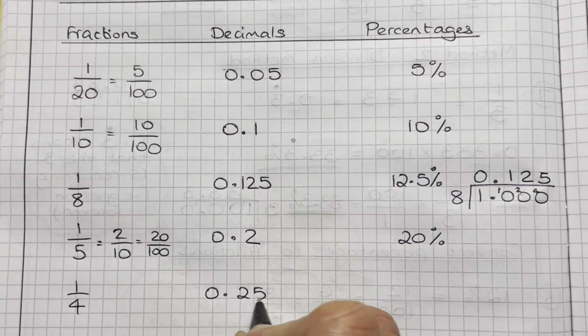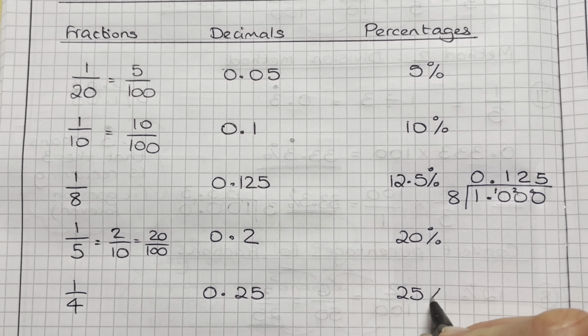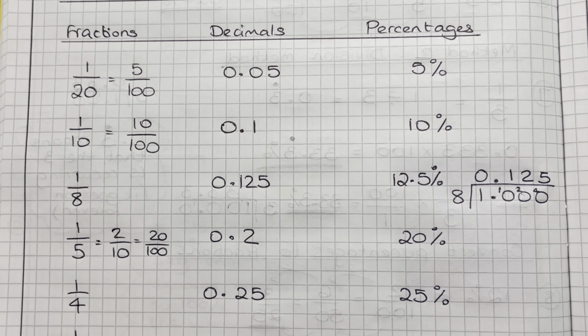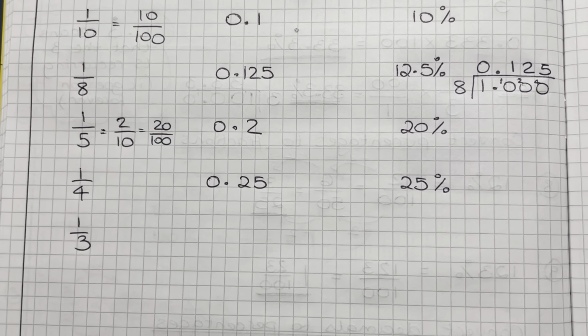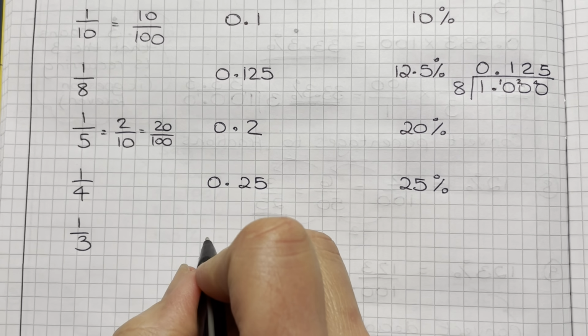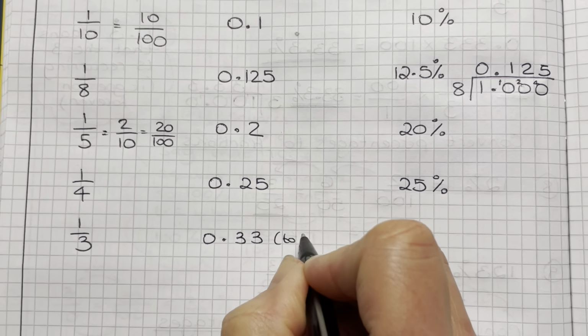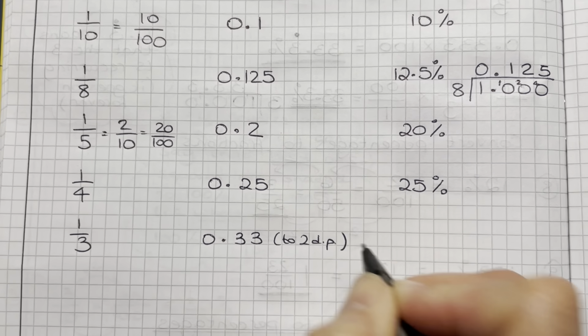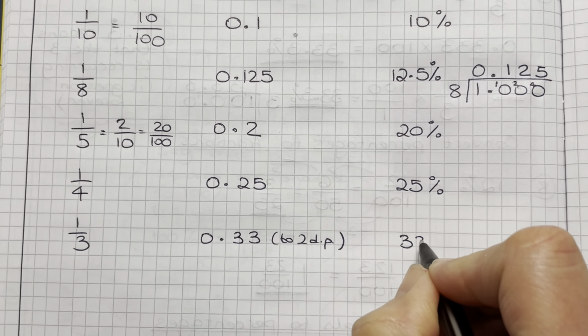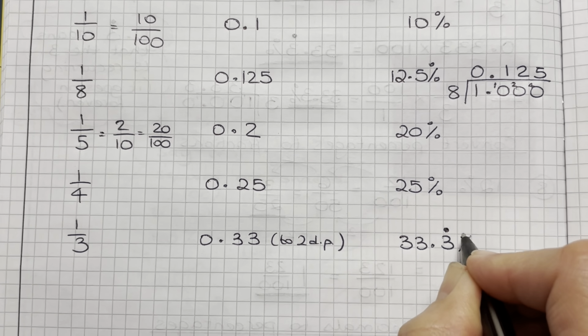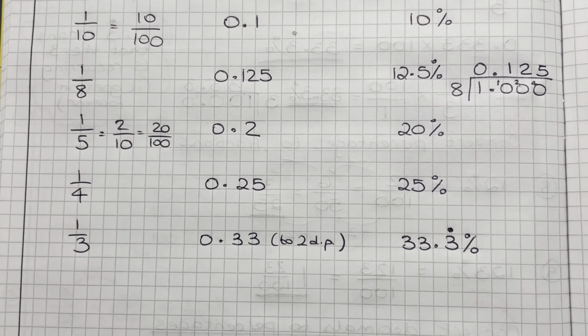That was 0.25 and 25%. 1/3, we have also done. It was 0.33, that's to 2 decimal places, and 33.3, or remember you can put the dot above the 3 to show that it's recurring.